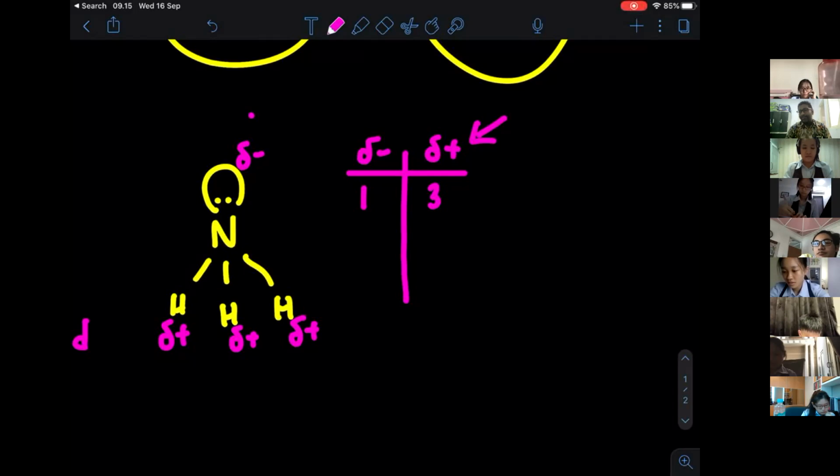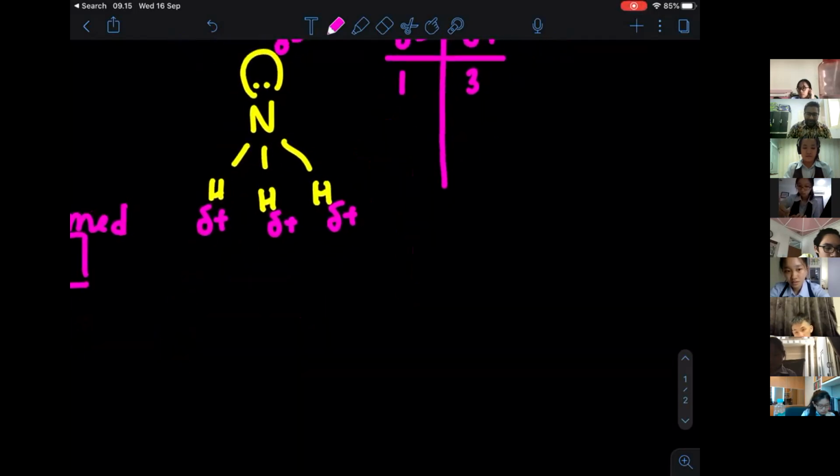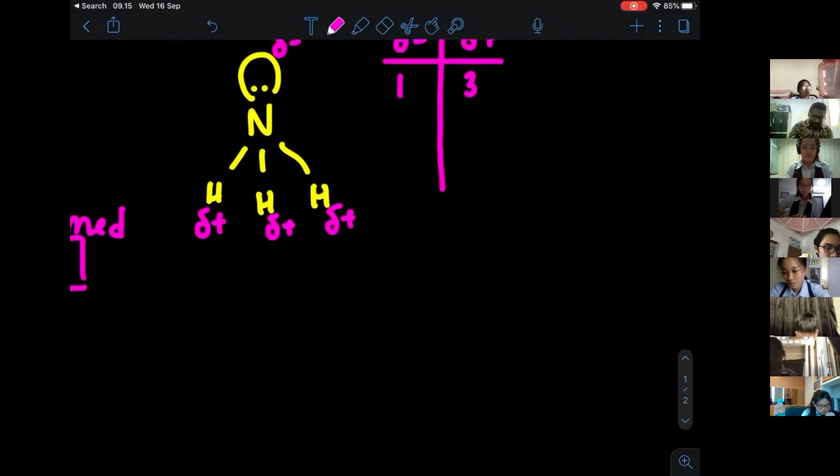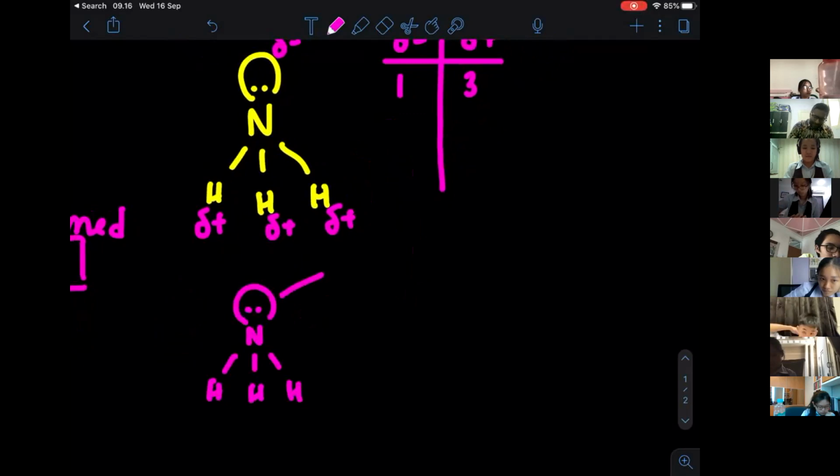Because of the ratio, because there is only 1 guy, they can only take part in 1 bonding. So if you have, for example, ammonia, NH3, it can only form with another molecule, H, something like this.